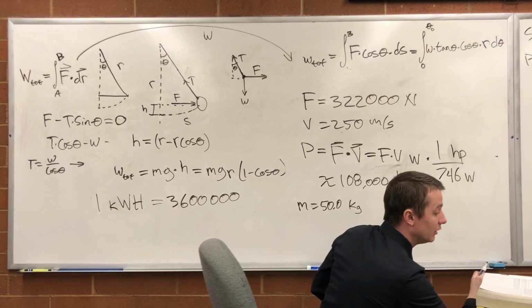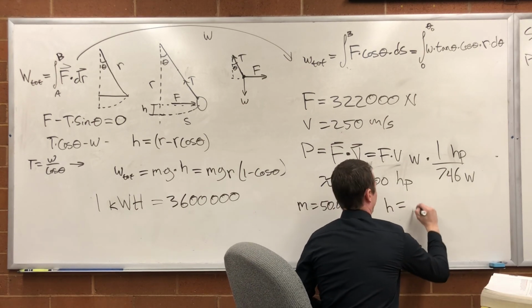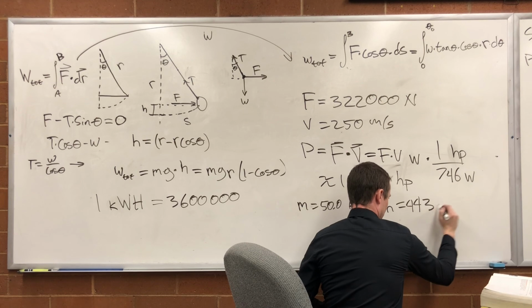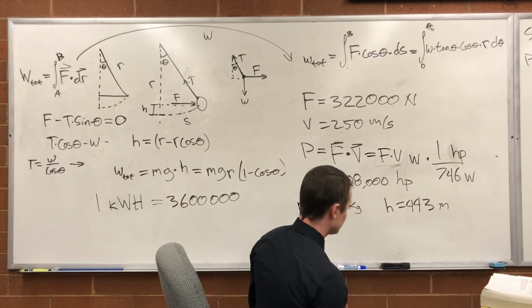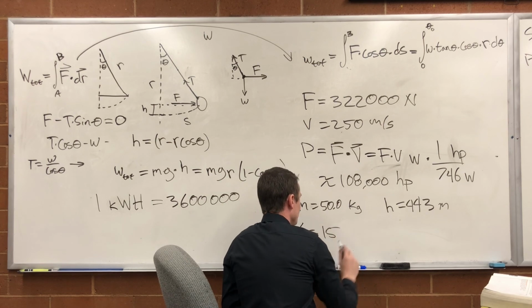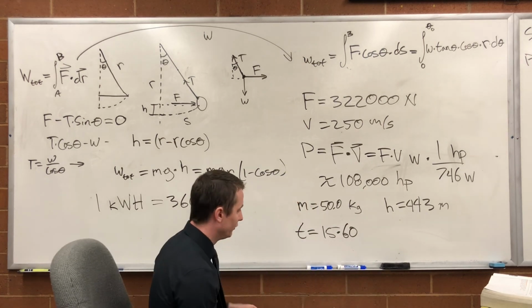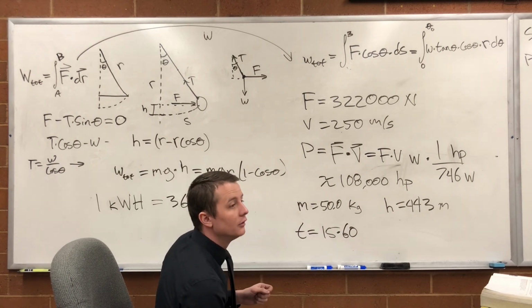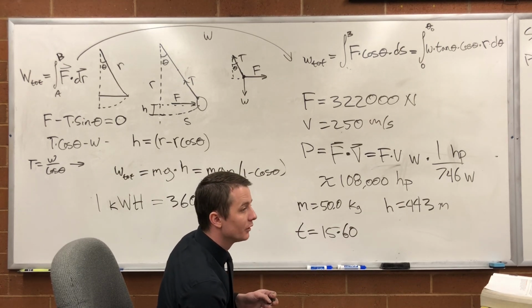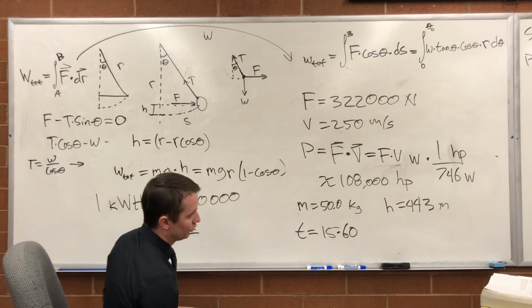The building is 443 meters tall, so the height is 443 meters. And the time it takes is 15 minutes, so 15 times 60 seconds. We are wondering what is her average power that she generates.